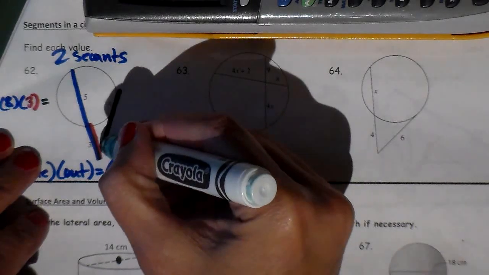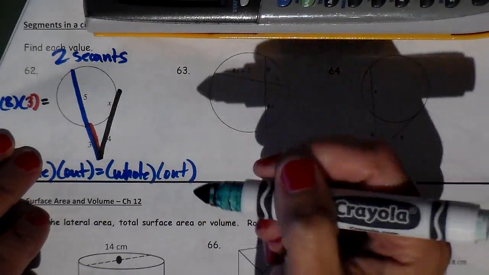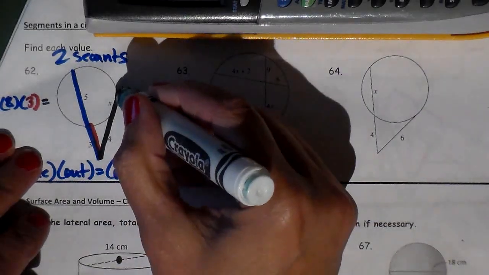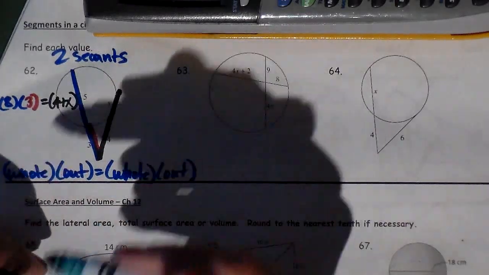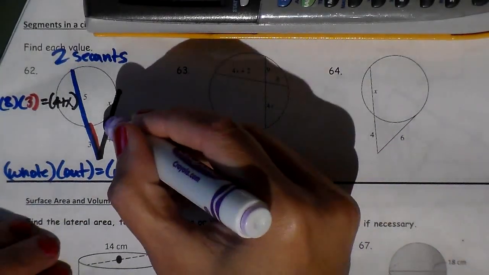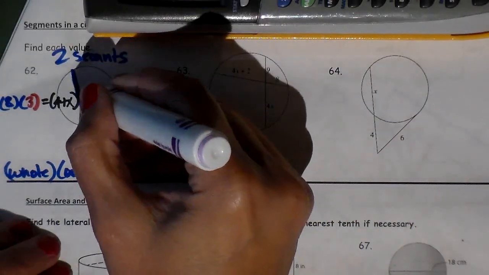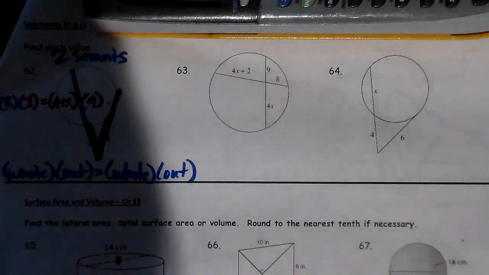What's the whole secant here? Sorry about that. Whole secant: 4 plus x, right? And what is the outside piece only? 4.